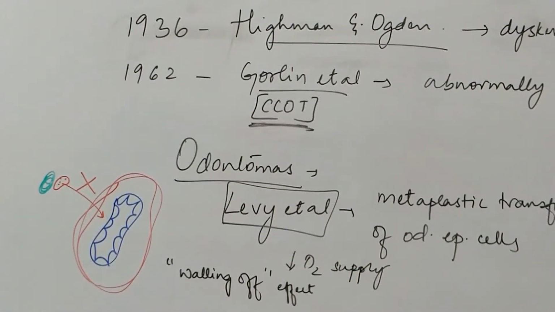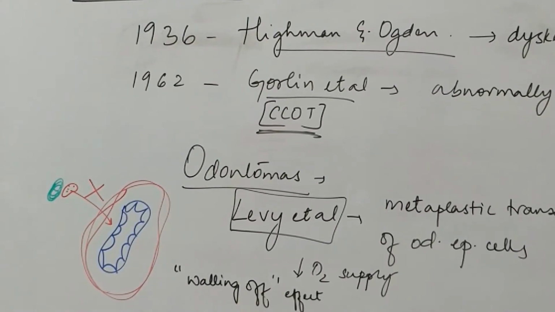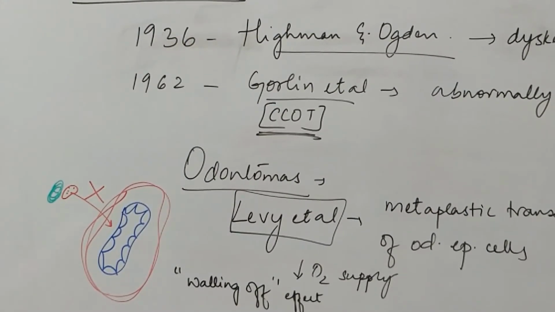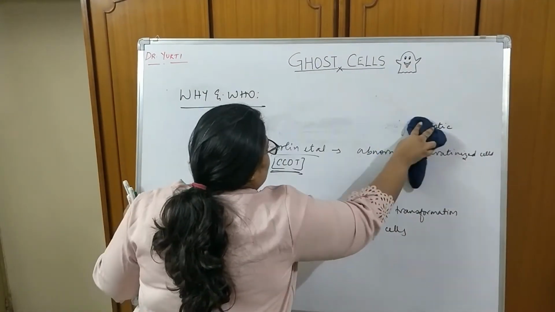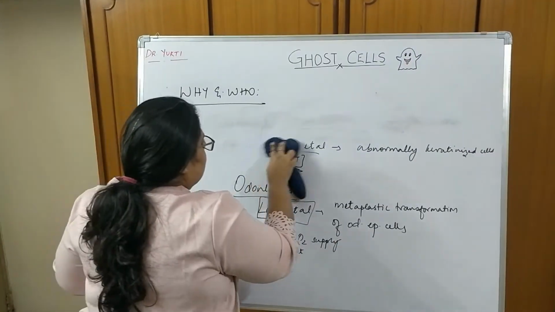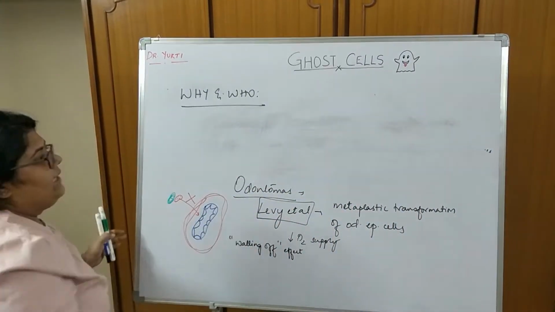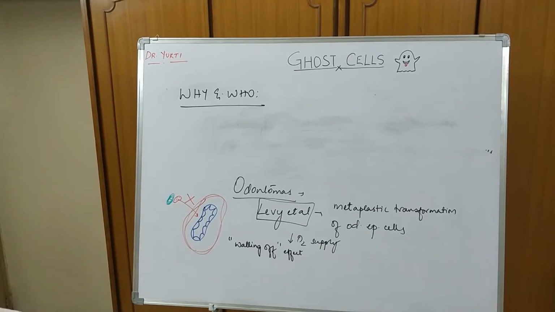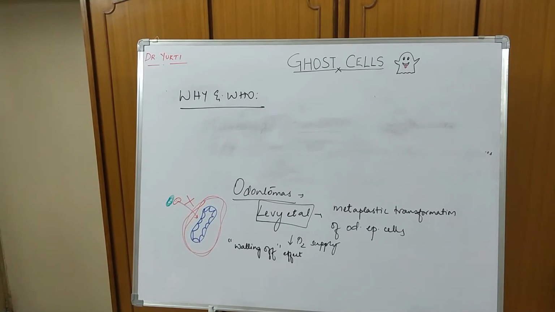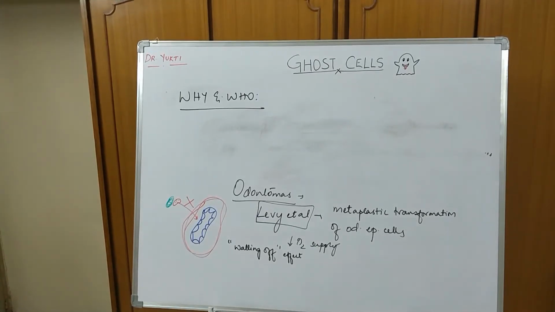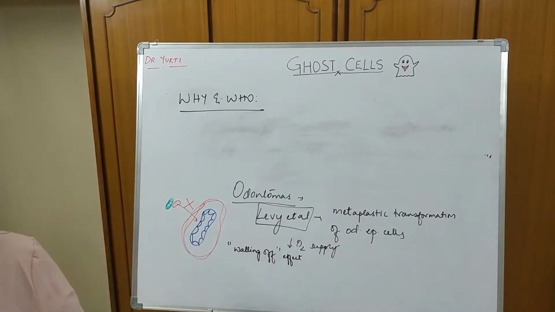Further, there was another scientist named Sam Pyo-hong. So till now what we have seen is that ghost cells are nothing but abnormally keratinized cells or the dyskeratotic cells, right? And according to Levy et al., it is the metaplastic transformation of odontogenic epithelial cells.